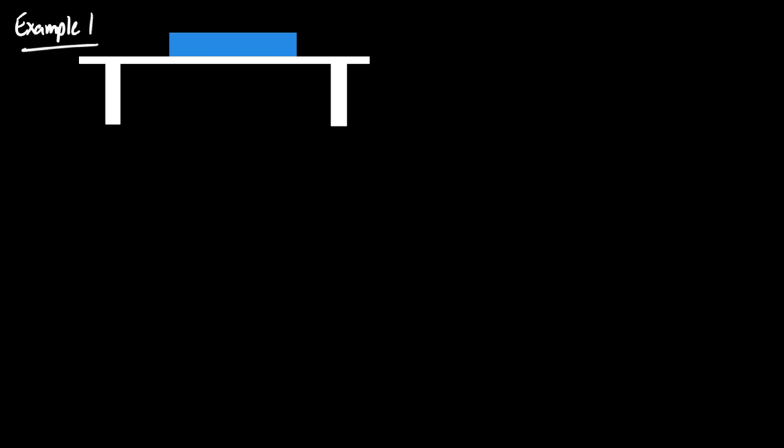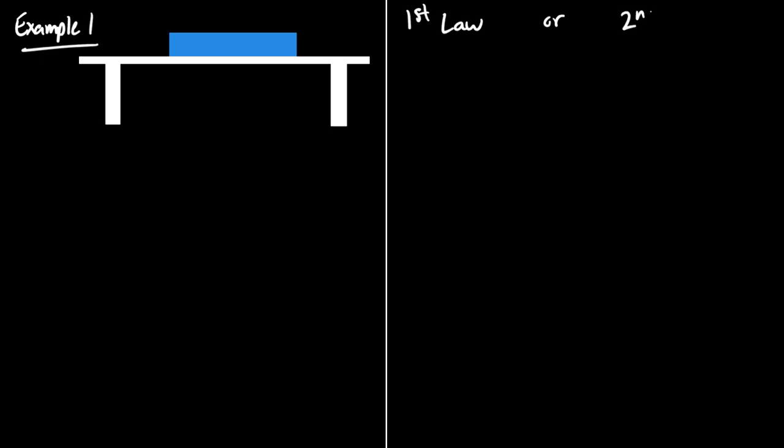Now, we have to decide whether this is a first law problem or a second law problem. That is our first decision to make. First law or second law. I'll remind you real briefly, this decision is based on what the book is doing or what you think it is doing.